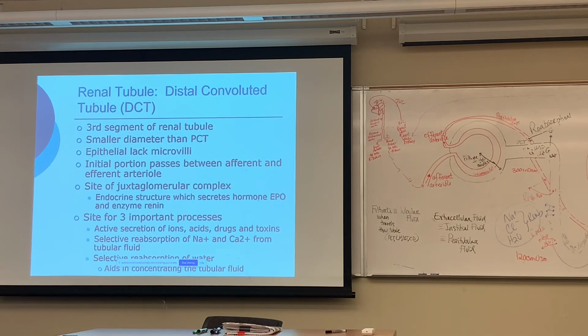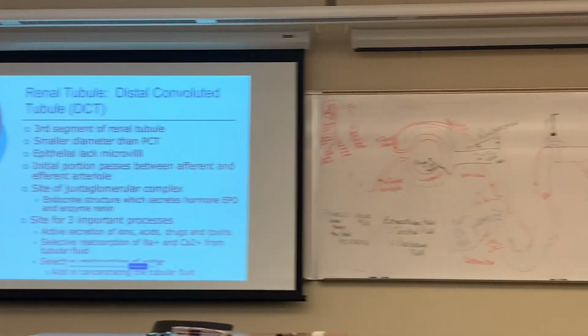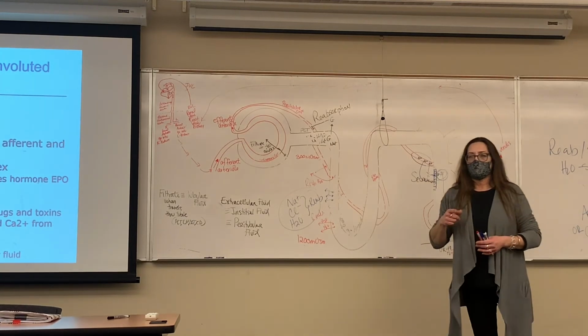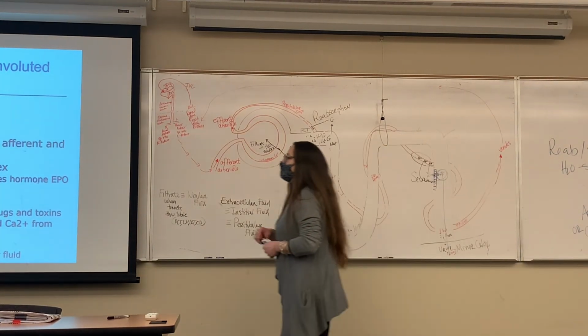Active tells you what kind of transporter we're gonna use. Active transport, okay? So we're gonna use active transport pumps to pump various ions, acids, drugs, and toxins out of the blood and into the filtrate. We'll talk more about that later.